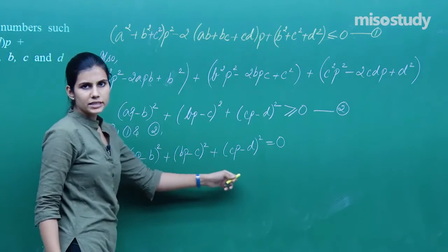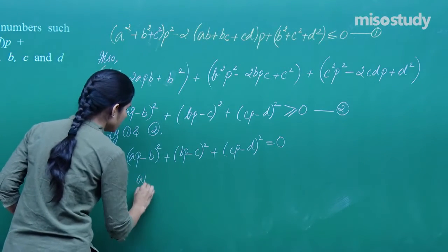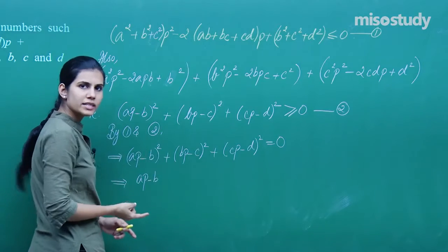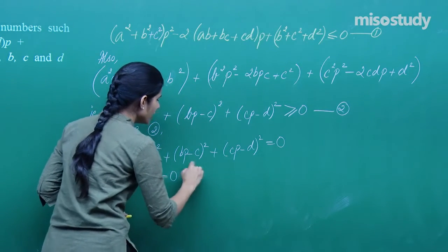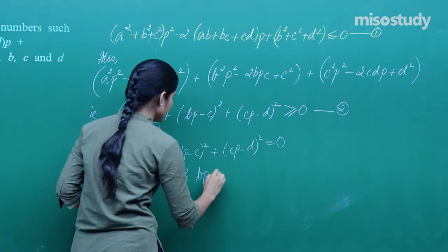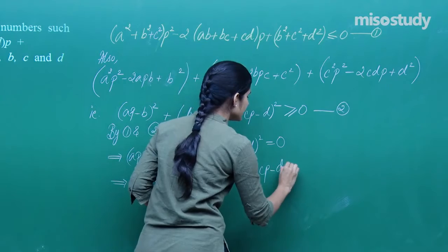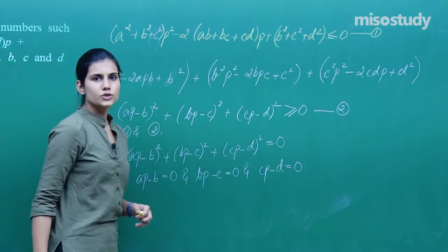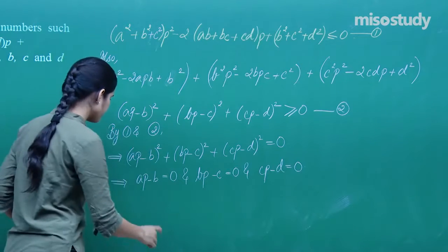Sum of 3 non-negative terms is equal to 0 if and only if each of these terms is equal to 0. That means ap minus b whole square is equal to 0, which is only possible when ap minus b equals 0, and bp minus c equals 0 and cp minus d equals 0.